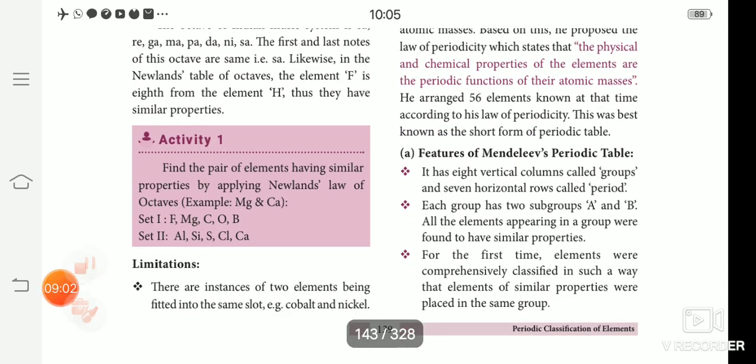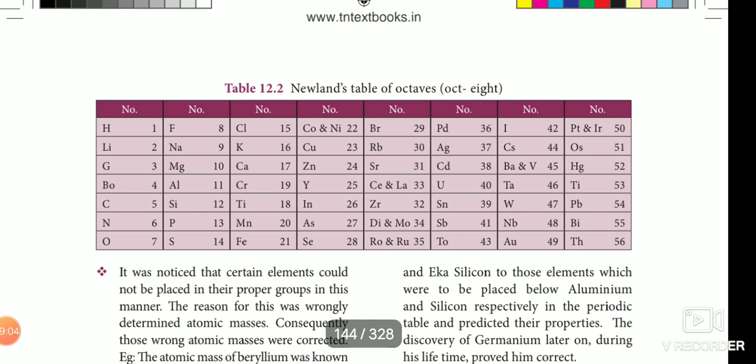See the Newlands' law in table number 12.2. Every column has 8 elements. The first column is hydrogen, lithium, germanium, palladium, carbon, nitrogen and oxygen. The second column is fluorine, sodium, magnesium, aluminium, silicon, phosphorus and sulfur.